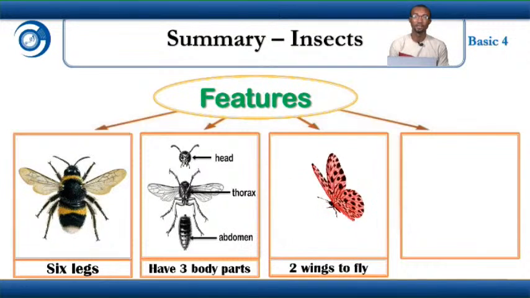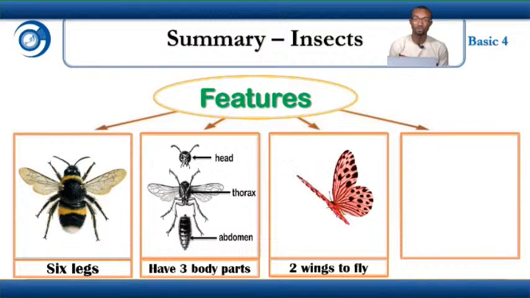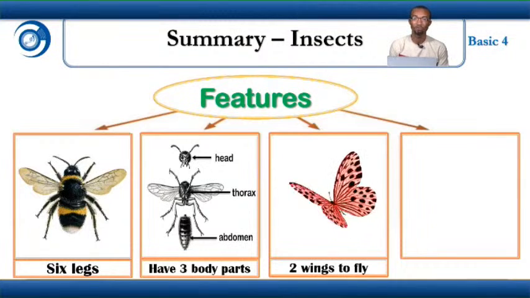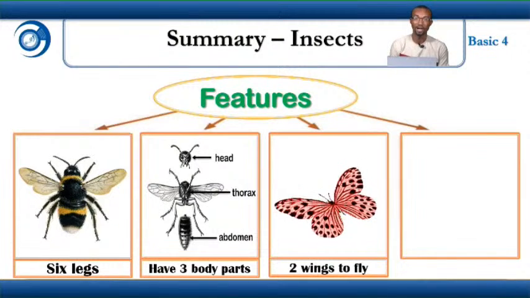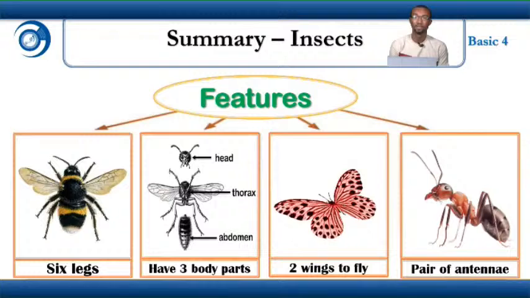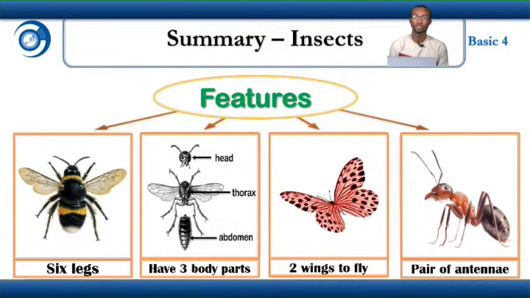Another feature is insects having a pair of wings to fly. Some insects have a pair of wings to fly. An example is the butterfly. We also saw the housefly and the bee having a pair of wings to fly. And one of the features too was that insects have a pair of antennae.